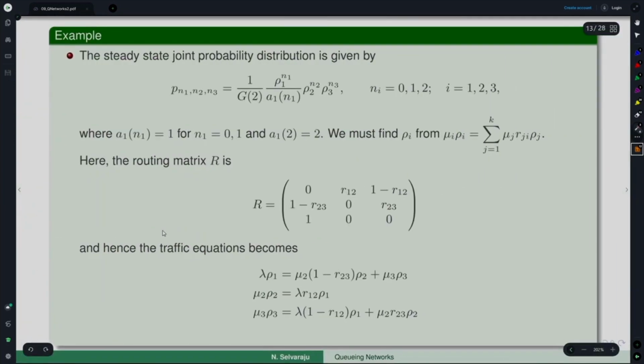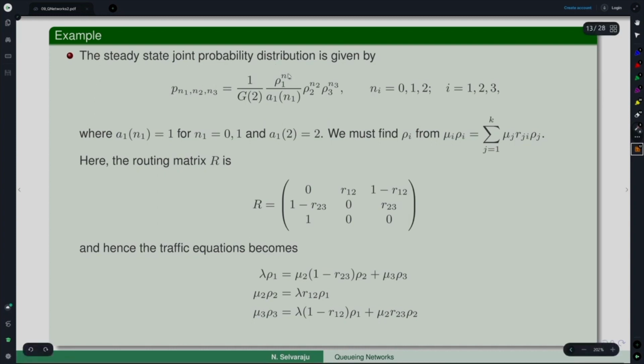Now, what we have to do, the steady state joint probability distribution is essentially this, where 1 over G of 2 is the normalization constant, and this corresponds to the first node, which is M/M/2.